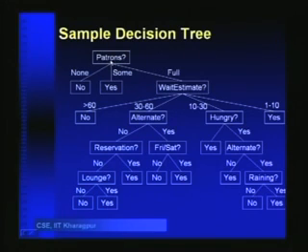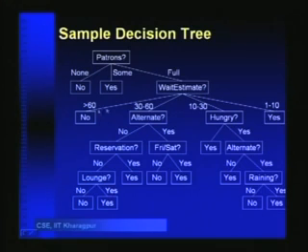In this case, if there are no patrons, then your decision immediately becomes no. If there are some patrons, which means you have space in the restaurant, then it is always yes. Otherwise, if it is full, then you ask for the wait estimate.